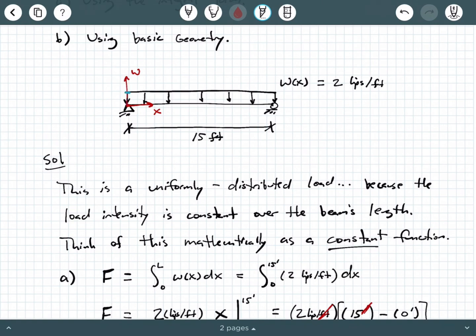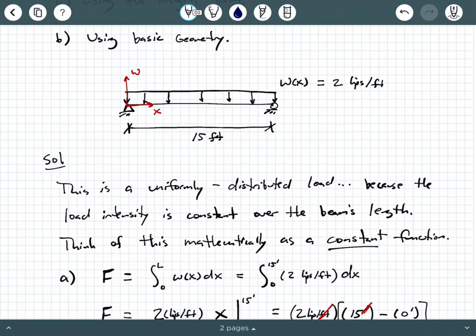If I have this uniform load, again, this is like a constant function, like if you have y and x, and you have a constant function of positive 2. That's how I think of it.